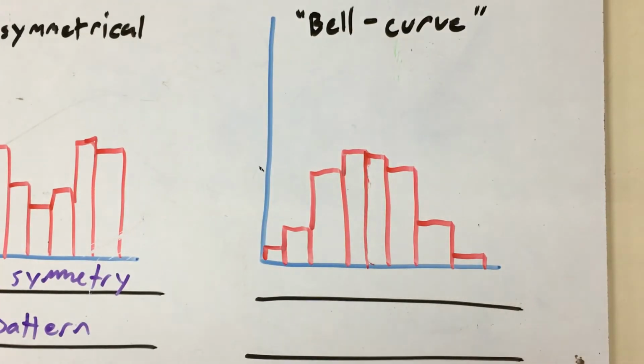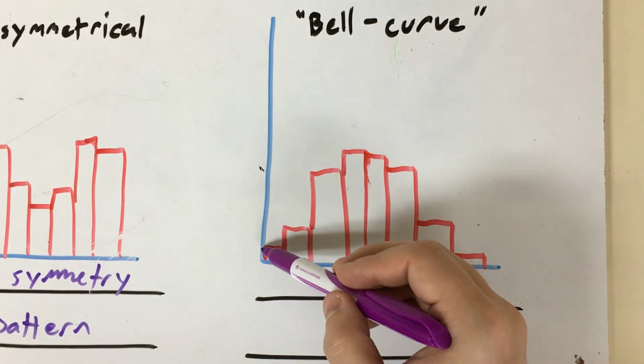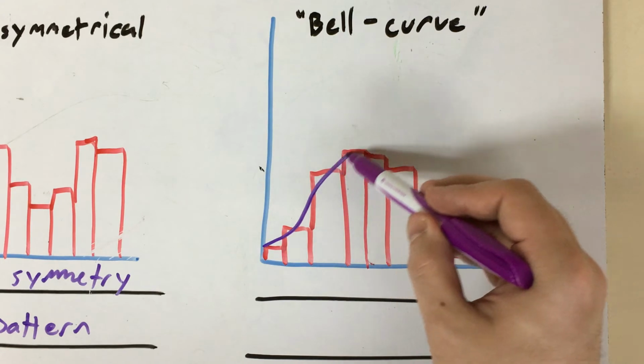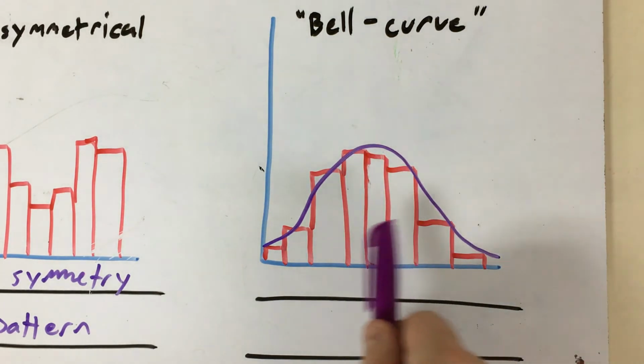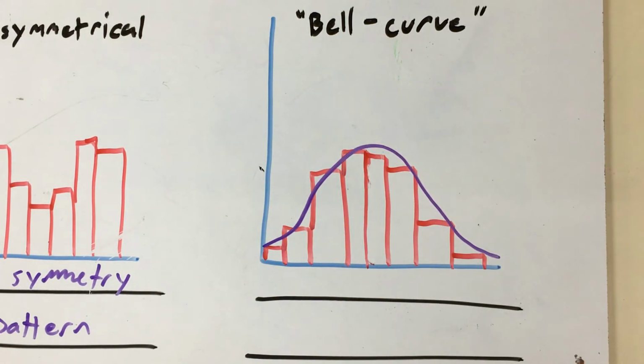Over here, we have the bell curve. Now, we will get to this in future videos. It is also known as the normal distribution, or the Gaussian distribution. You'll usually hear normal distribution if you're in school. But I think you can see that this distribution, if I draw that outline in purple there, looks like what you typically think of when you think of a bell curve.